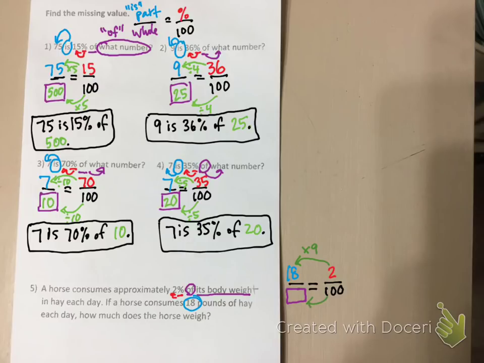So if I multiply 100 by 9, fair is fair, remember, I'm going to get 900. The question again says, how much does the horse weigh? And we've got our answer in the box. We would say the horse weighs 900 pounds. We need to make sure we get a label there.